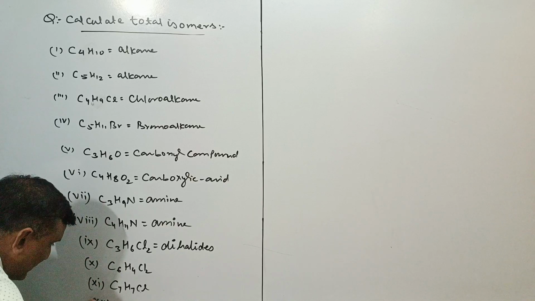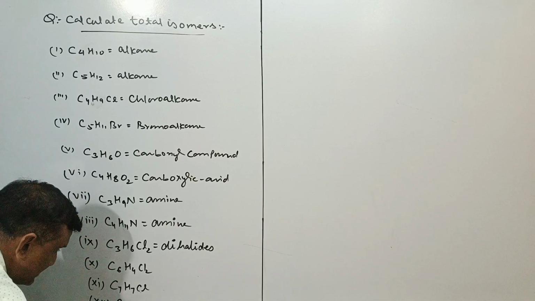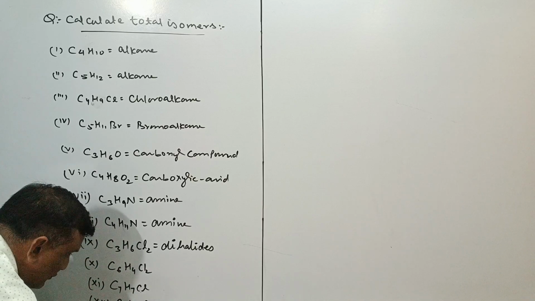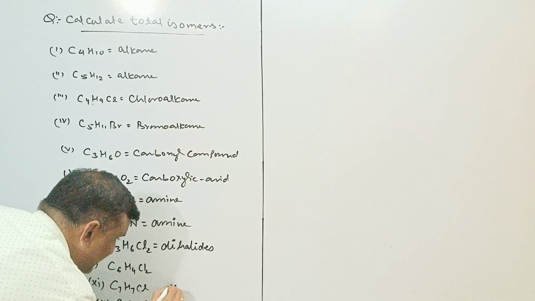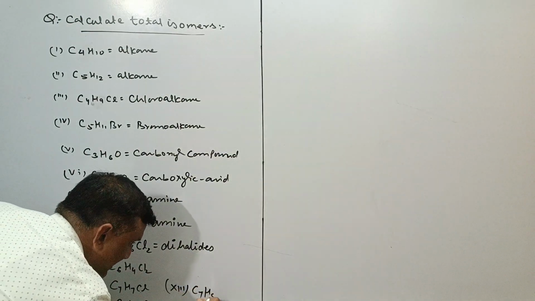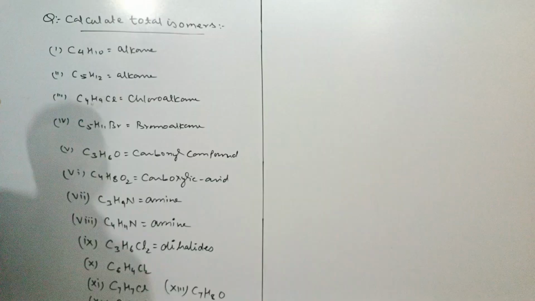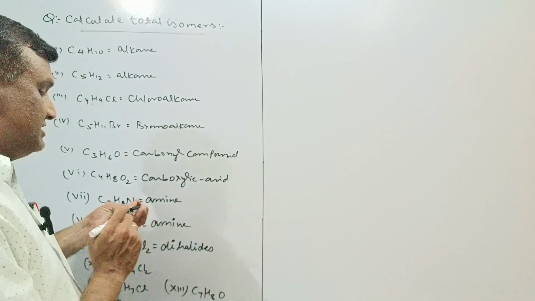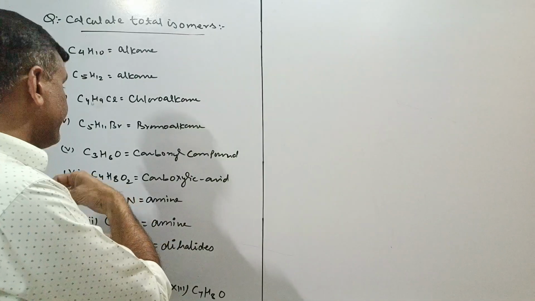The 12th question is C6H6O2, and the 13th compound is C7H8O. These are the important formulas regarding the calculation of isomers.